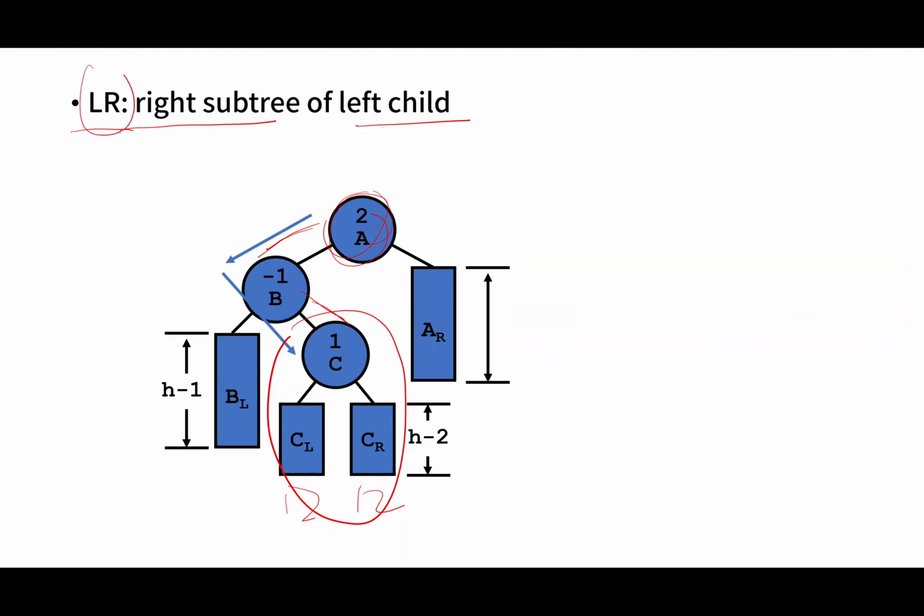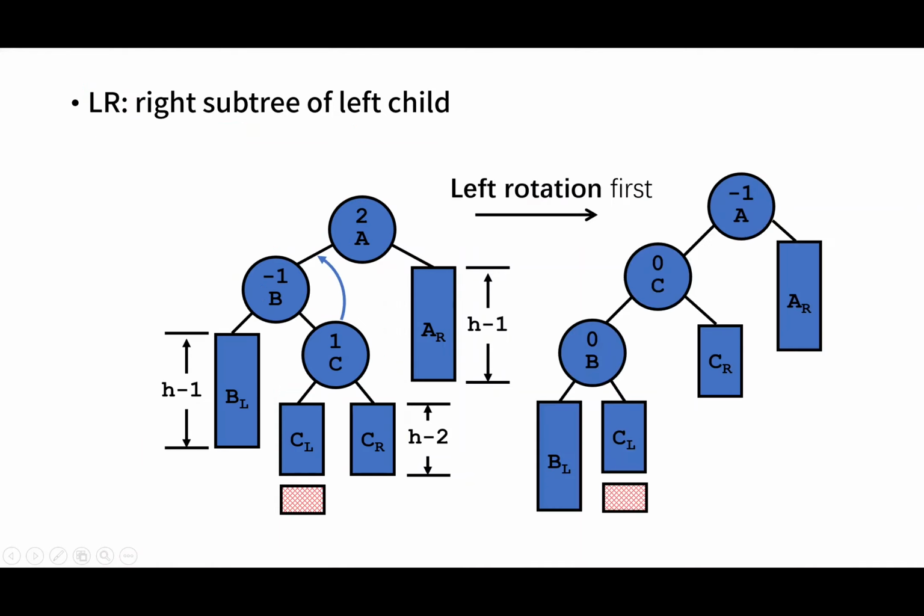For LR type, we also need two rotations. First, we rotate the lower node to between these two nodes, and the left tree of this node becomes the right tree of this node.